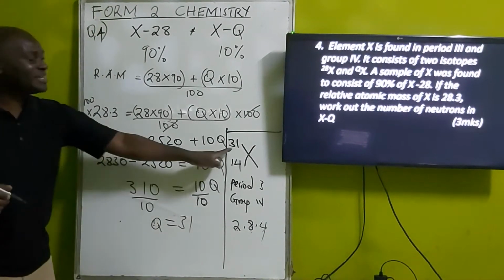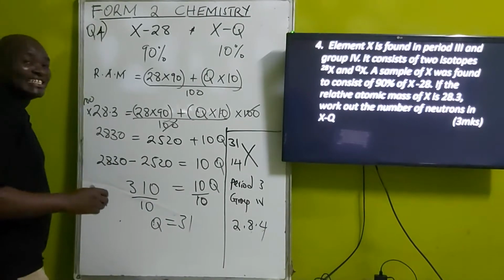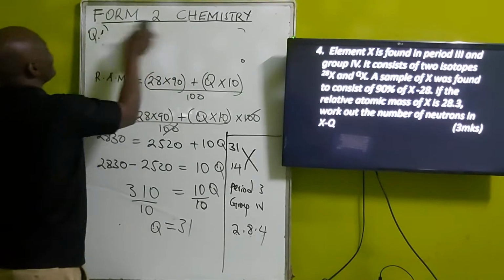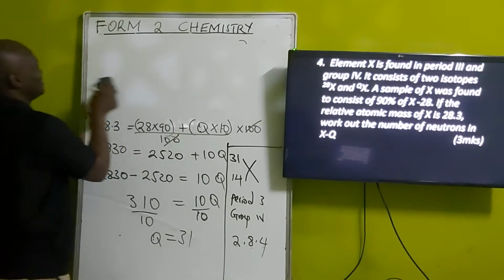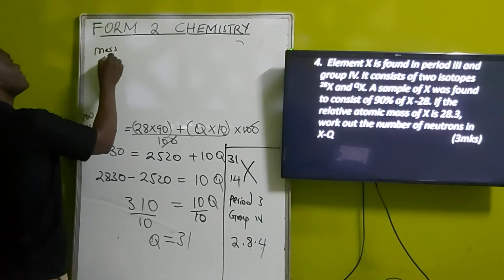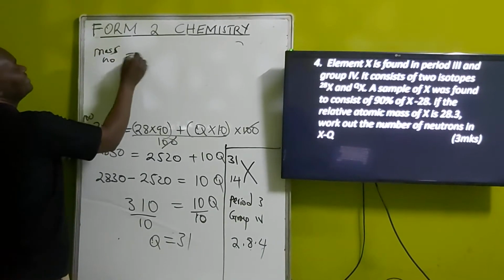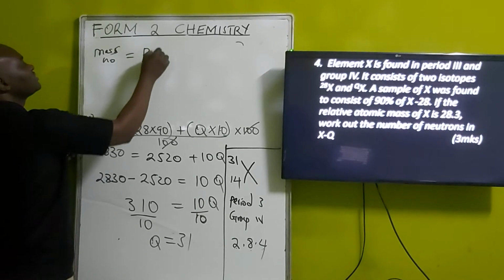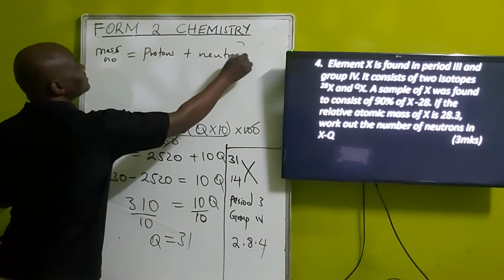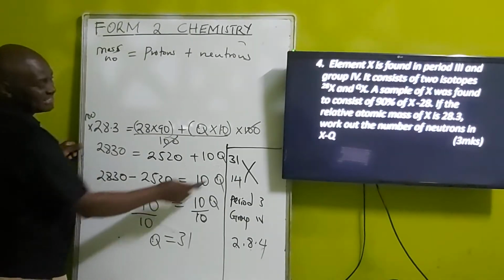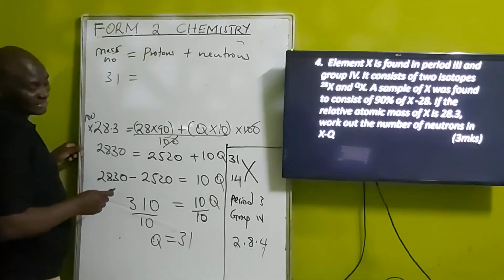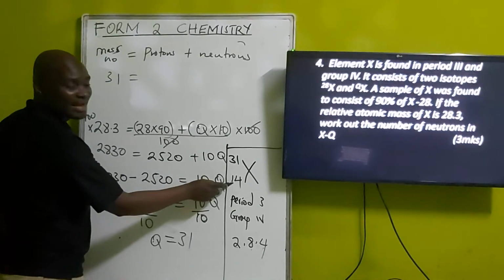So if the atomic number is 14, then come back here, because we are through that. We know that mass number is equal to protons plus neutrons. Mass number is 31. Protons is equal to atomic number.